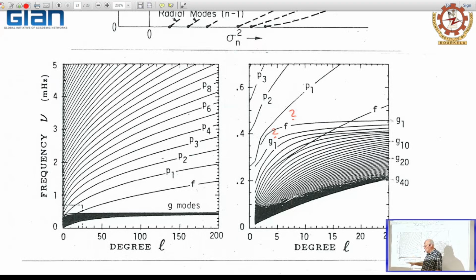Then we have the so-called F mode, and then we have the spectrum of G modes, with the highest frequency being the Brunt-Väisälä frequency, and with increasing radial order, the frequency decreases, and finally the limit of the G modes is zero frequency. This is for the high harmonic degrees in this diagram, so it looks nice and fine.